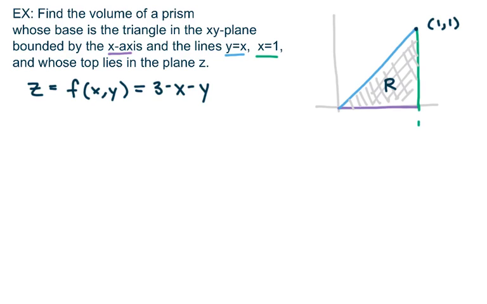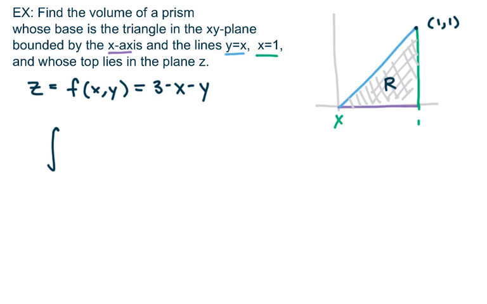We could set this up two ways. I'm going to write both of them out. If we decided to integrate with respect to y first, we would have my bounds x equals 0 to x equals 1. So I'm traveling from 0 to 1.